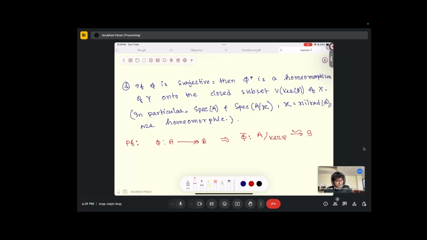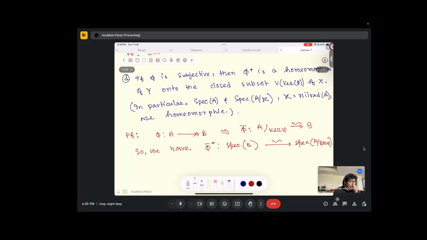So we have phi bar upper star, Spec of B to Spec of A by ker phi, right? So this is an isomorphism.